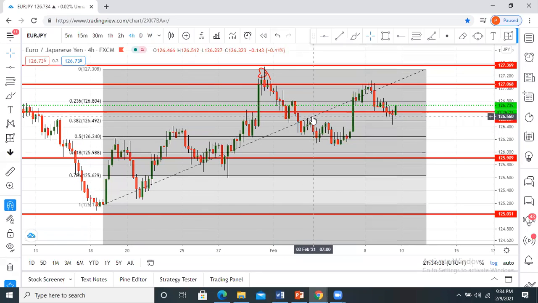They went up, they came down, they struggled, they came down, they struggled, couldn't go past their previous high. They came down, could not pass that previous high here. They struggled, they came down.